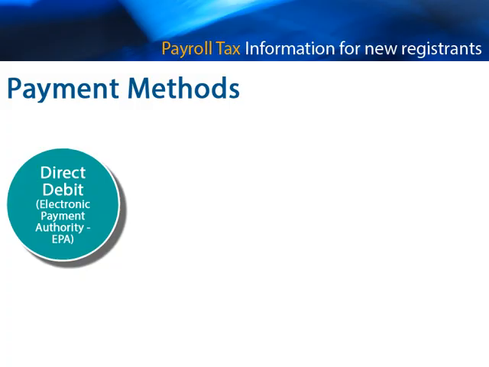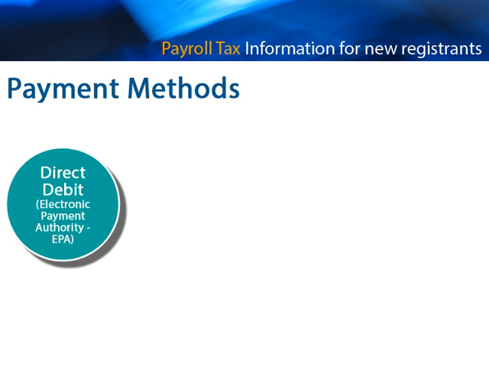If you have registered for direct debit, also referred to as an electronic payment authority, once you complete your return, you can authorise for the payment to be deducted from your nominated bank account. These payments can be future dated in RevenueSA Online, which can assist ensuring payments are made on time.